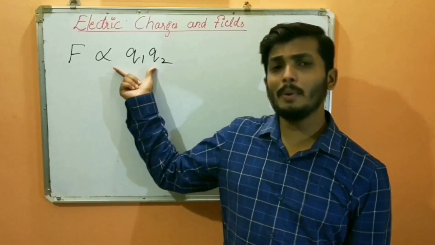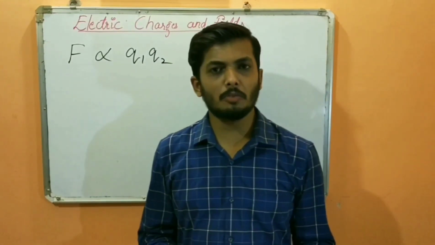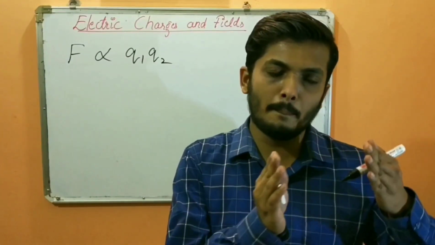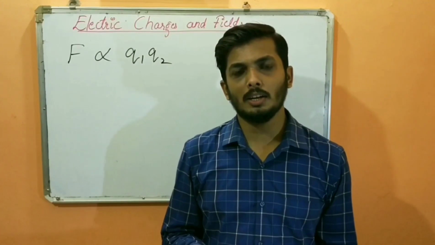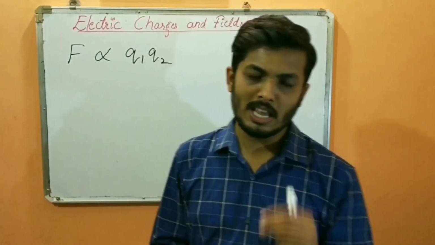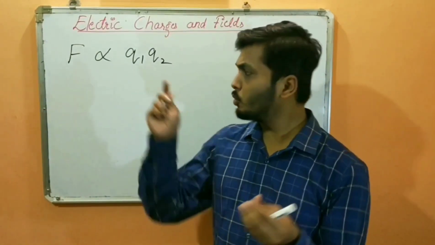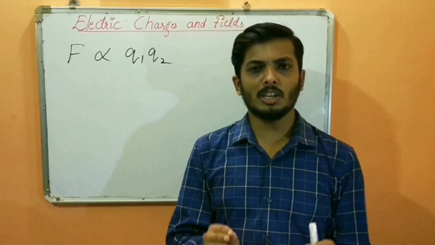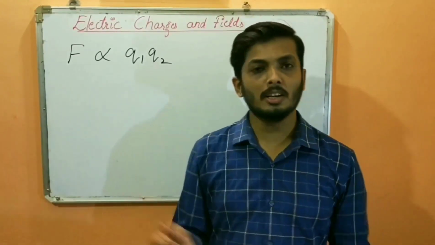Now you can compare this law with Newton's law of gravitation, because earlier in the first lecture we had compared a charge with mass. What Newton's law of gravitation tells you is that every body attracts every other body with a force proportional to the product of their masses and inversely proportional to the square of the distance between them. So Coulomb's law and Newton's law of gravitation are quite similar. There we are considering mass, here we are considering charge.